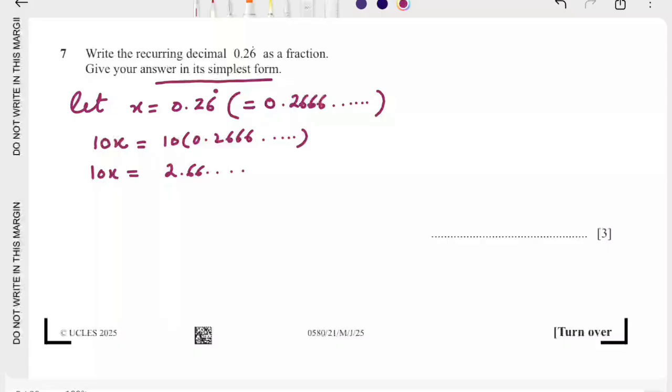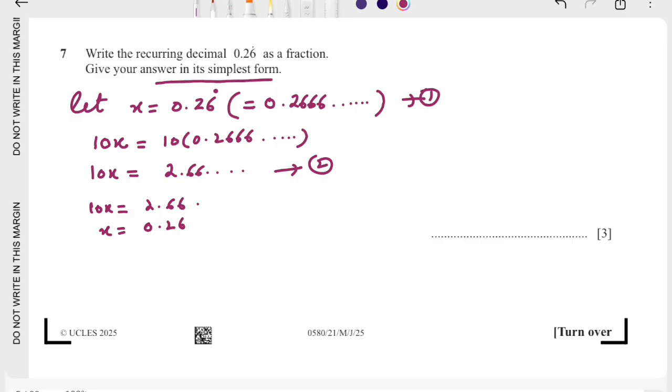Two values are more than enough, or you can take more than two values. Say this is equation number 1 and this is equation number 2. Subtract both equations. 10x is equal to 2.66 and equation number 1 is x is equal to 0.26.